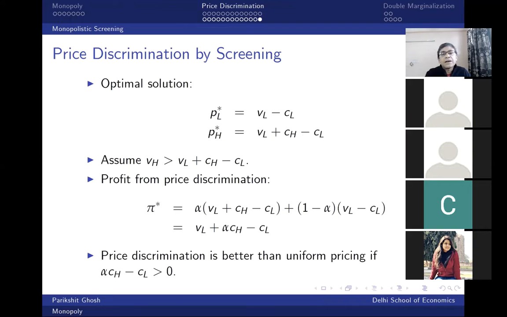If it was a full information world, if the seller knew who's a high value customer, then their consumer surplus would have been zero. Monopoly pricing would have made sure that the price would go all the way up to VH. Under this sort of asymmetric information and strategic screening, some consumer surplus remains. This is called information rent.